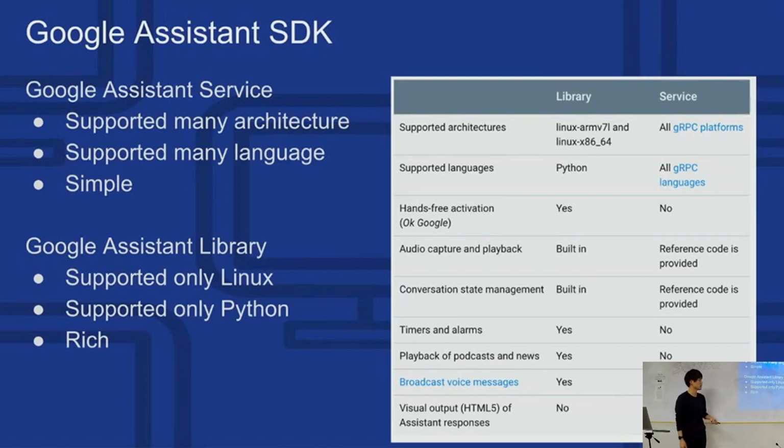But the Google Assistant Library is very rich. It means you can use hands-free activation or timers and alarms. You can use these functions natively. So I chose the Google Assistant Library because I use Raspberry Pi 3 and I want to use Google Assistant functions.